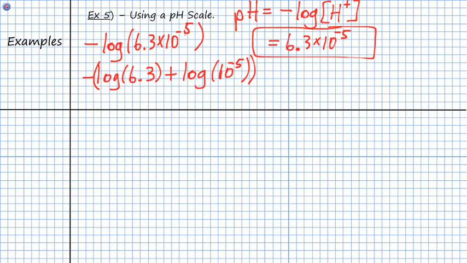Log is already base 10, so we can just say minus 5 here, and then the logarithm of 6.3 is approximately 0.799 minus 5. And that'll all be to the negative power. So our actual pH value is going to be approximately 4.2. So that's our actual pH value there.